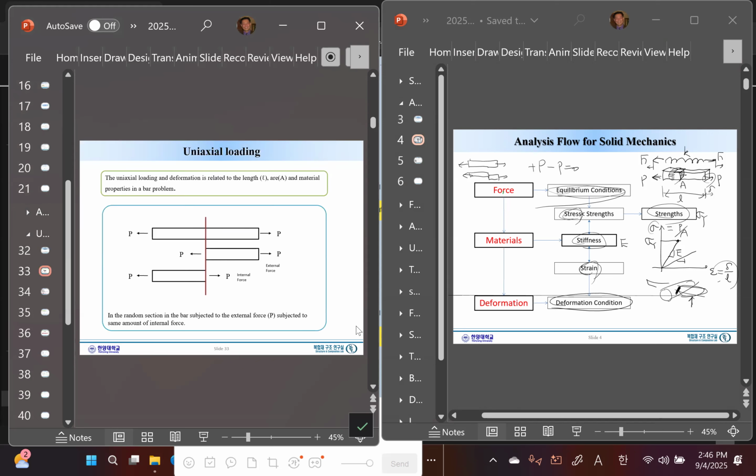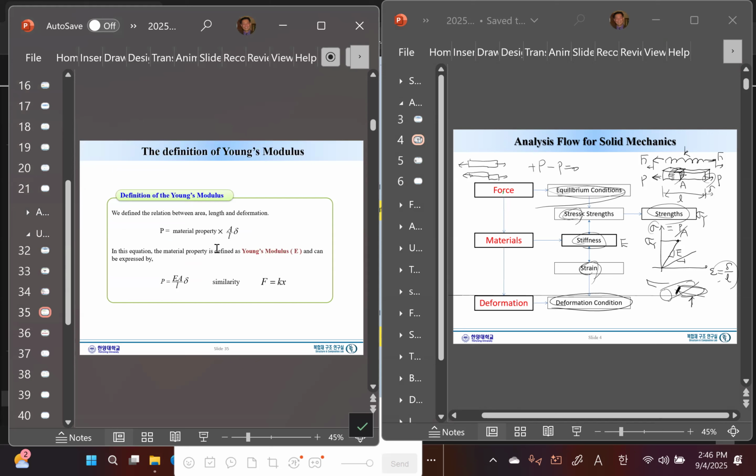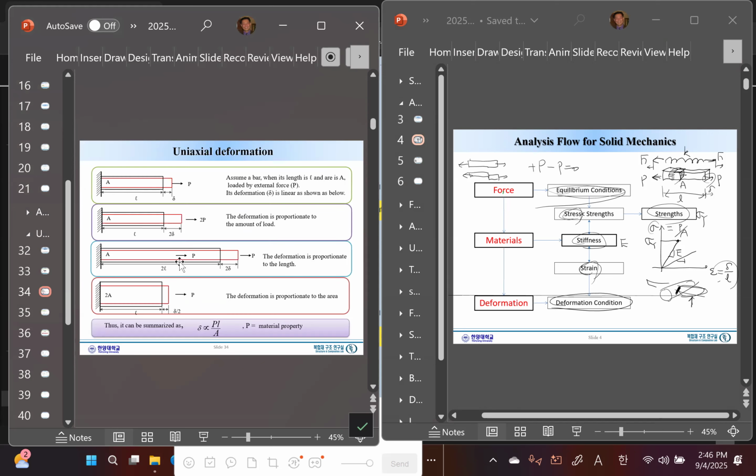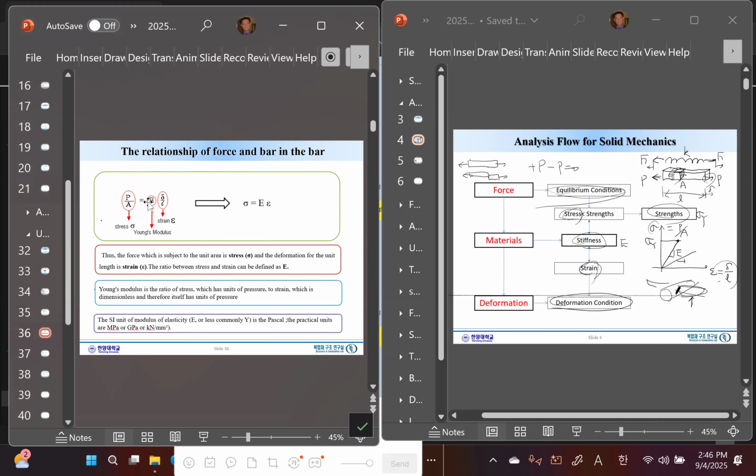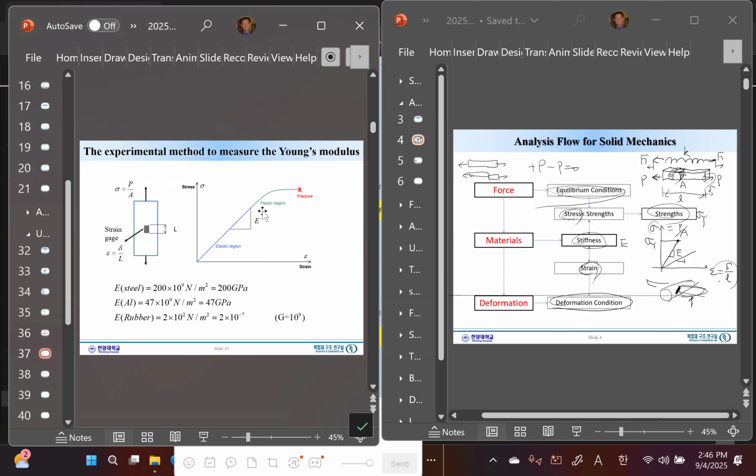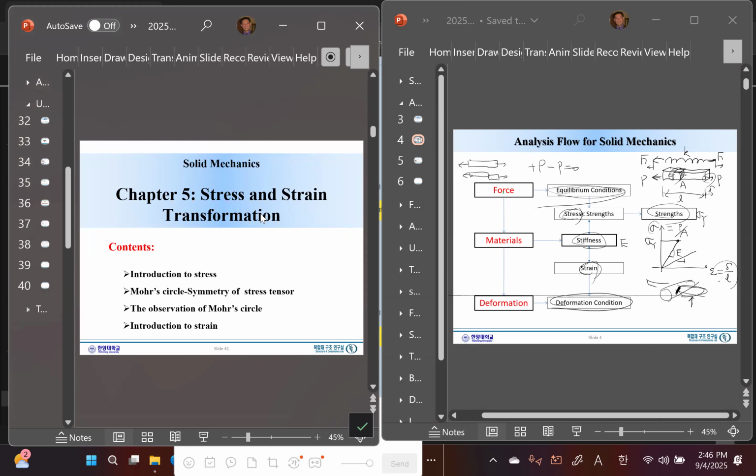So we will define how we're going to deform the lengths and cross sections, and then define stiffness, Young's modulus, and the simple way of stress and deformations, and the stress strain curve. So Poisson's ratio. That's the brief introduction of uniaxial force and deformation. So consider that as the stiffness. Now stress and strain transformation.